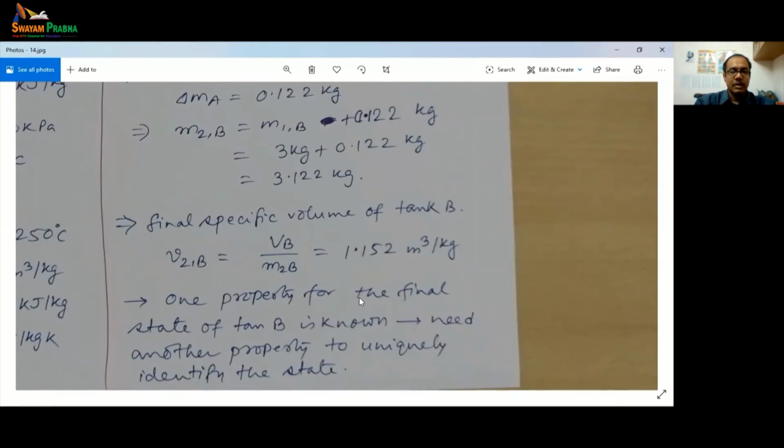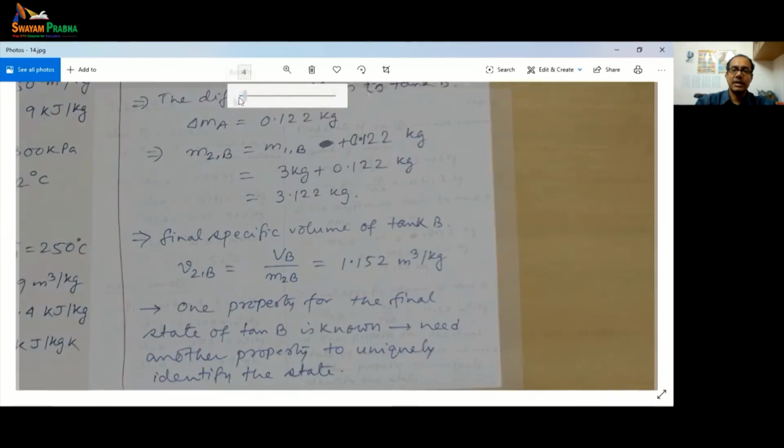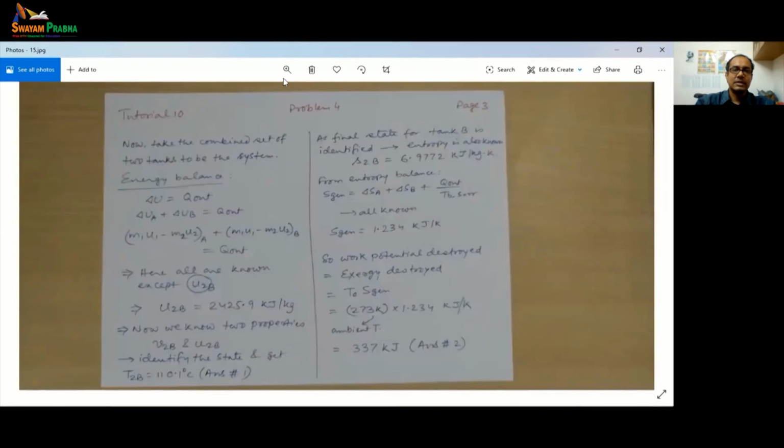Now one property for the final state in tank B is known, the specific volume. Now we need another property to uniquely identify the state, so let's see how we can do that.